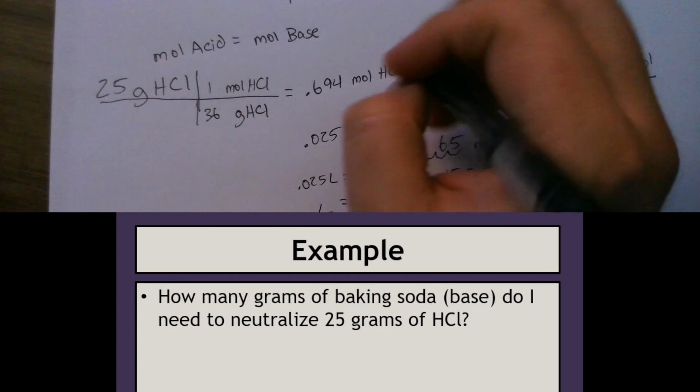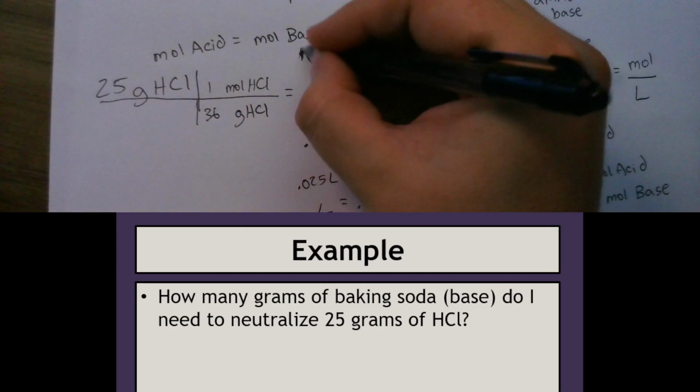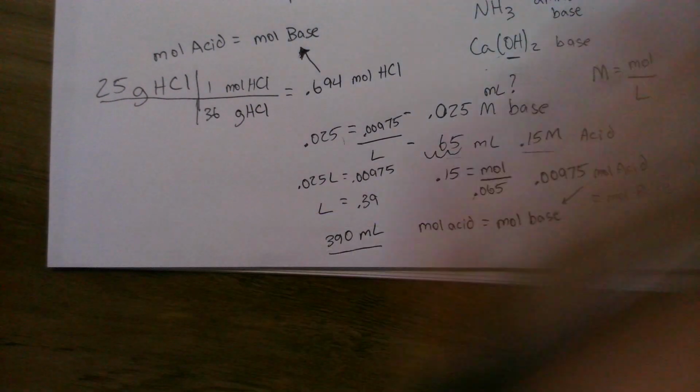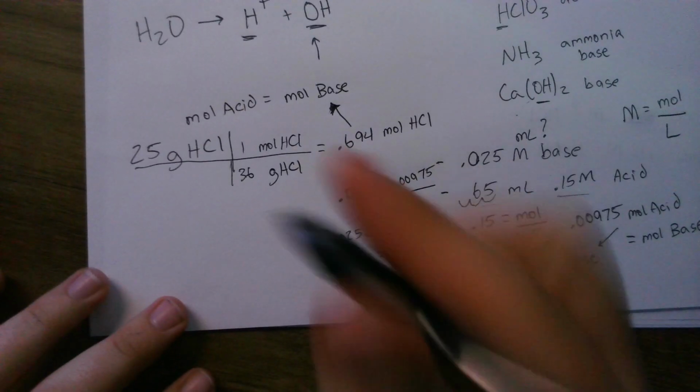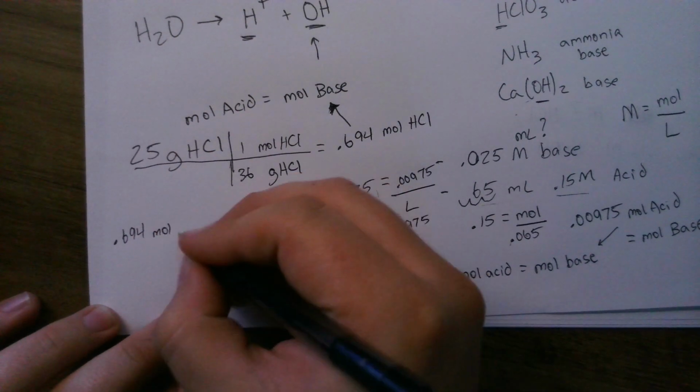So that's how many moles of acid I have. But that's also how many moles of base I have because we have a neutralization. So I'm going to squeeze it down here. I know I have 0.694 moles of baking soda.